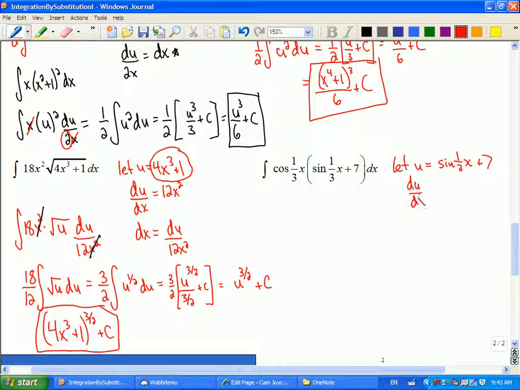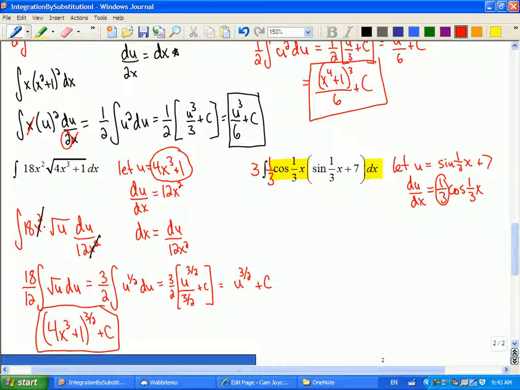du dx is going to be 1/3 cos of 1/3 x. So for what I have, right now I have a cosine 1/3 x and a dx, but I need to have a 1/3 in front. So if I put this 1/3 in, I'd have to multiply by 3 in order to balance.